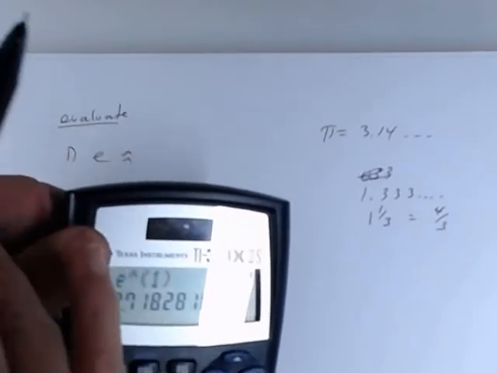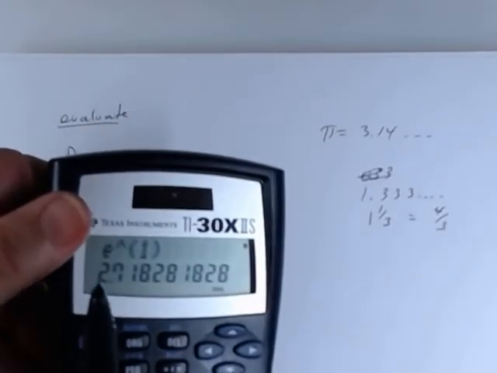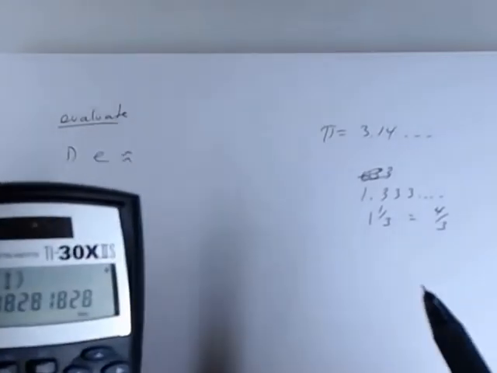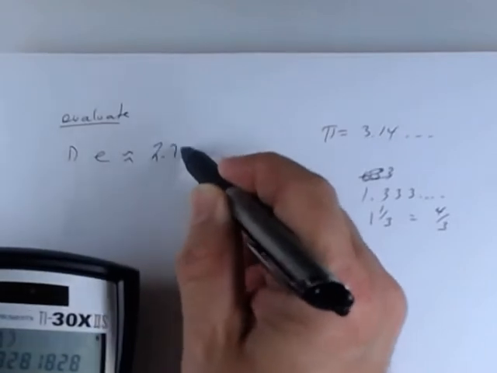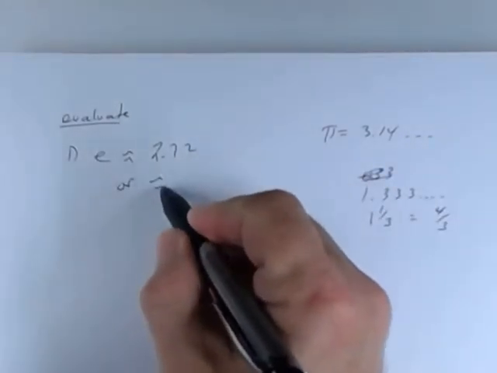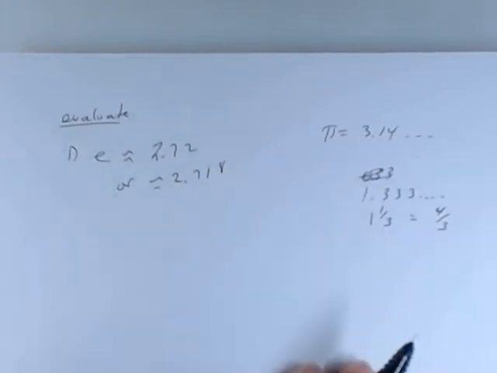In some of your physical science courses, you would approximate it as 2.72 usually. So you would say 2.72 to 2 decimal places, or you could say 2.718. So that's what pi is approximately equal to. I'm sorry, excuse me, E.